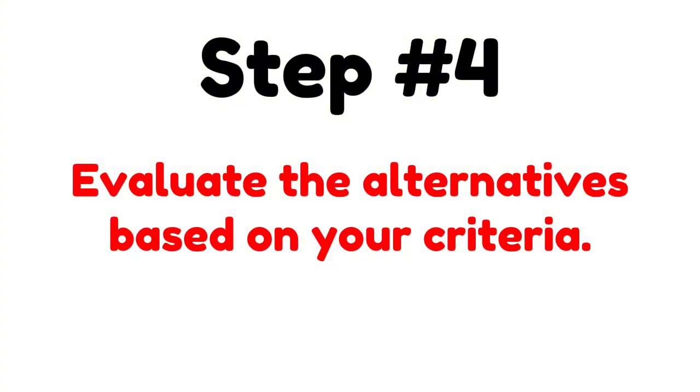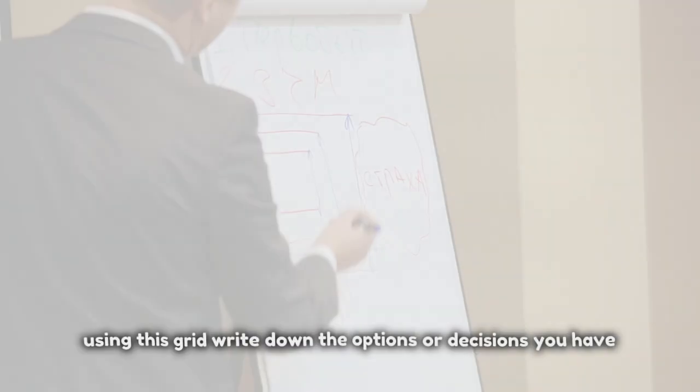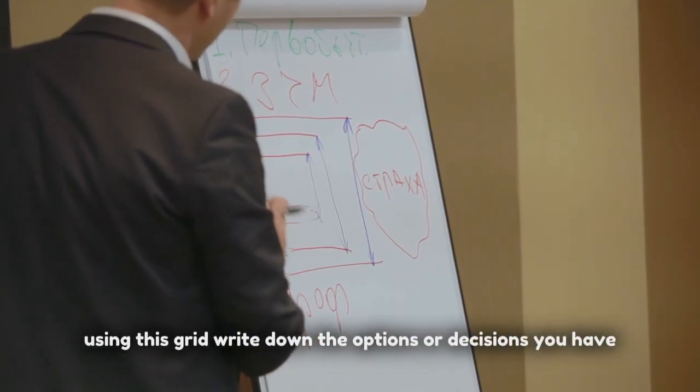Step 4. Evaluate the alternatives based on your criteria. To do step number 4, simply put your 5 most important criteria across a grid. Using this grid, write down the options or decisions you have and evaluate these and see what criteria these fulfill. But let's say you have more than 5 criteria. That's okay. Simply write down an extra grid at the end.